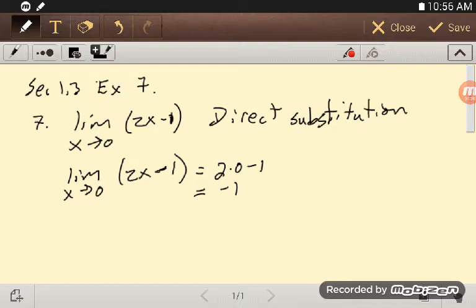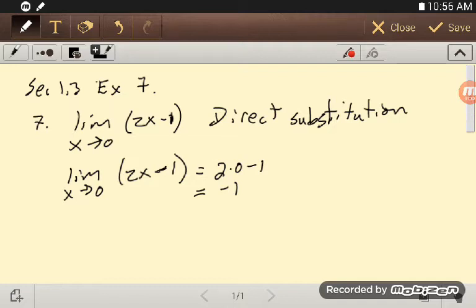Now, you do have to be careful with some things like square roots if you're at the end point. If whatever it evaluates to is 0, then that limit may not exist, because remember, this has to come in from both directions.